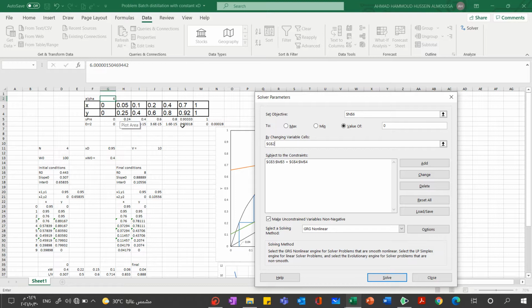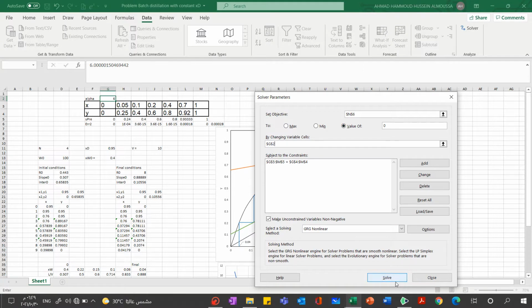This is like a condition. This is the difference between the solver in Excel and the goal seek that I will teach you after a moment, inshallah.